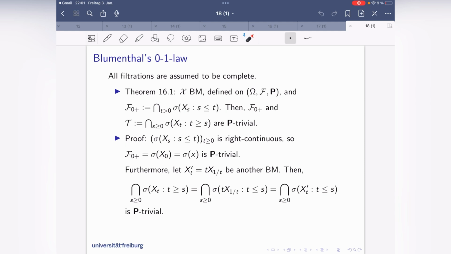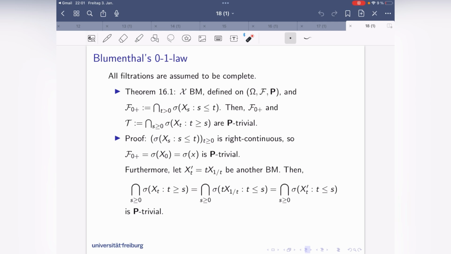We already encountered a 0-1 law, which was Kolmogorov's 0-1 law, which stated that the sigma algebra, which was also called T as here, of the so-called terminal events for a family of IID random variables, or of independent random variables, is p-trivial, which means if you take events which do not depend on any initial finite number of random variables, so only on xt, t bigger than s for all s, so that's the tail sigma algebra, then the probability of any event in this T here is either 0 or 1.